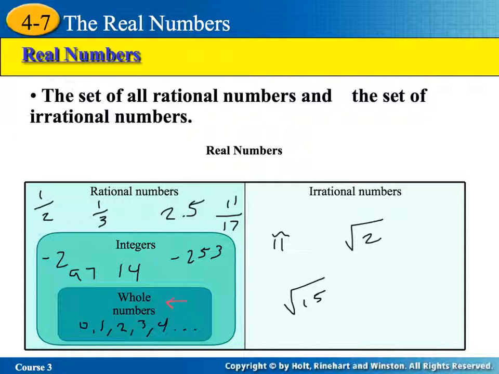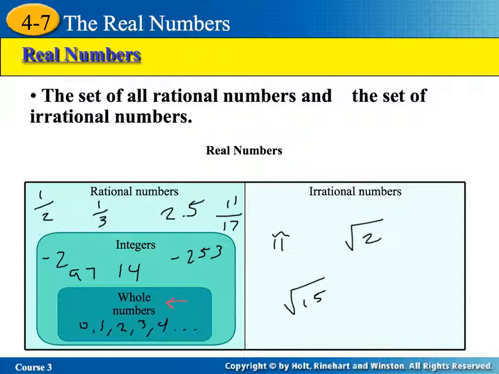Notice they do not include negative numbers. Whole numbers are all of the positive numbers that you could count, so 1, 2, 3, and so on, 257, 92, and so forth.